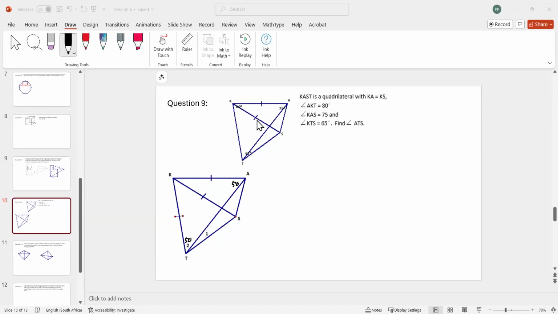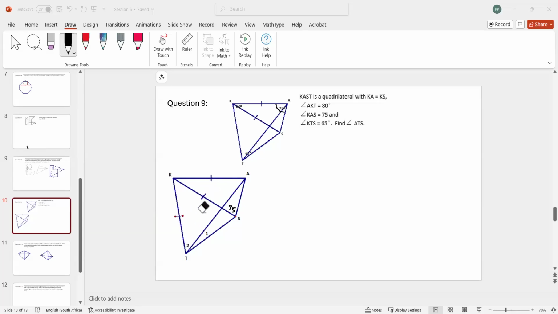So these two are equal. So therefore, this triangle here is isosceles. And we got one of the angles, KAS is 75. So therefore, this angle here is 75. Just ignore this one here for the moment, please.